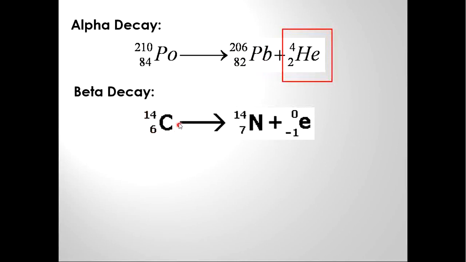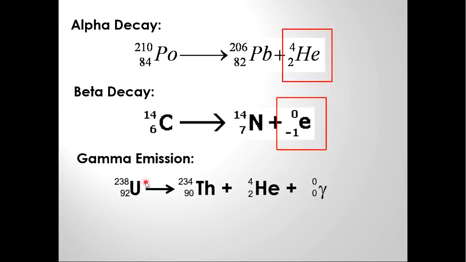It goes through beta decay to form the nitrogen atom, and here is our beta particle. Gamma, we have uranium that goes through the decay, and now we have thorium as our new element. And here is our gamma symbol, but also followed by alpha, right? And we know that because of this symbol here.